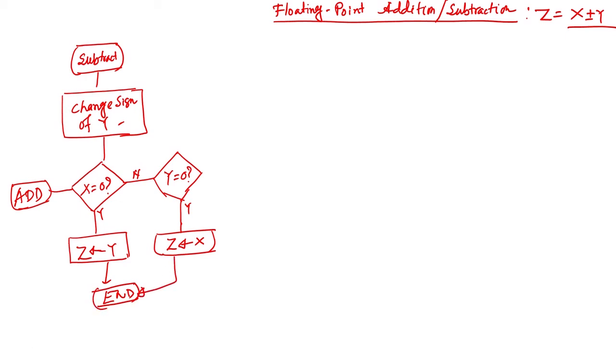Now, neither of them is 0. That means now you have to perform phase 2, align the significands. First question is whether the exponents are equal.